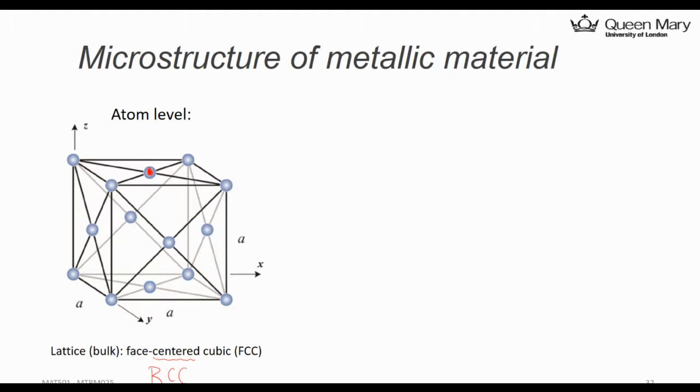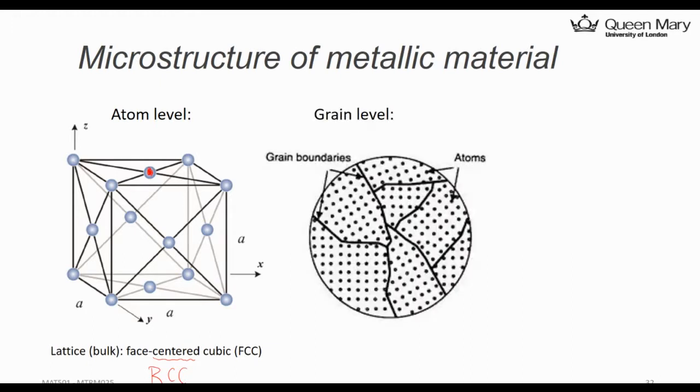And if you look at a bit larger scale, which is the grain scale, what is the relationship between the grain scale and the atom scale? If you look at a grain, which I highlight here, this solid line is one grain. There are a lot of grains here, but inside the grain, these dots represent the atoms on the left. These atoms are basically part of the grain.